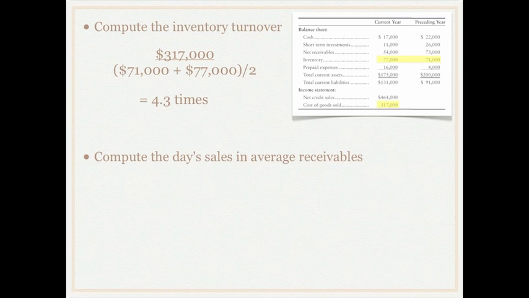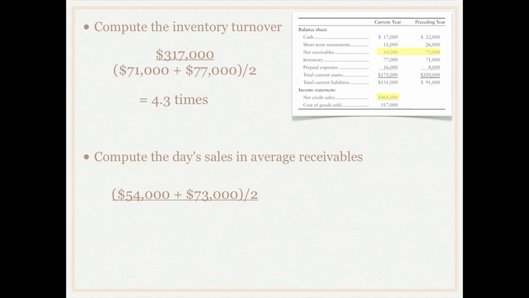The other one I asked you to compute was the days sales in average receivables. To compute this one, we need the average net receivables and divide that by 1 day's sales. So the average net receivables is your ending net receivables plus your beginning net receivables divided by 2.